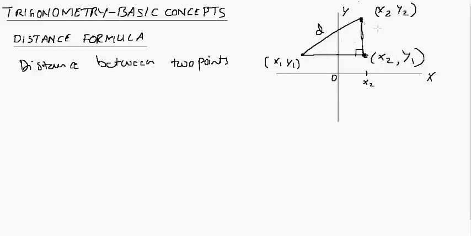Now these points form a right-angled triangle. We just need to find the distances between these points, which are the vertices of the right-angled triangle, and use the Pythagoras theorem to find the distance, which is the hypotenuse.